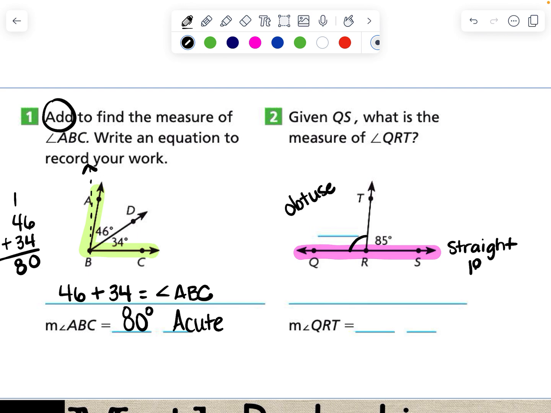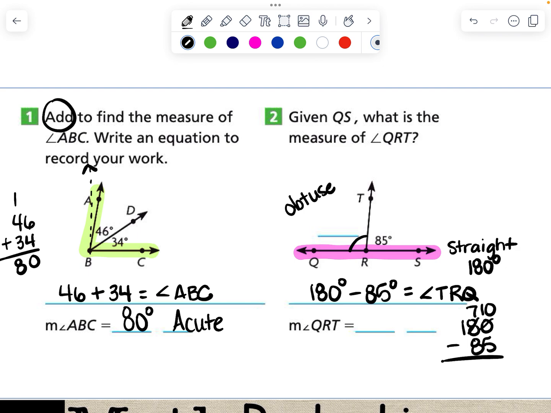But I must also remember that a straight angle measures 180 degrees, like a half of a turn. 180 degrees minus the part that we know will determine the measure of angle TRQ. 180 degrees minus 85 degrees. The missing angle is 95 degrees and it is obtuse.